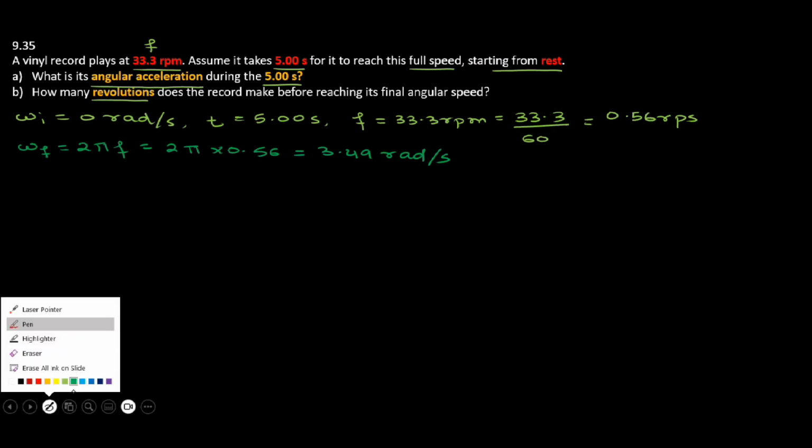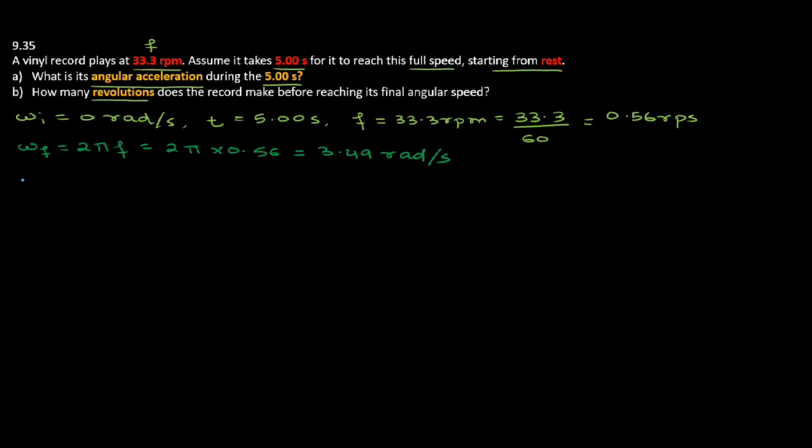In the first part of the question, we need to find the angular acceleration. Angular acceleration alpha is given as change in angular velocity over the time. Change in angular velocity we can write as final angular velocity minus the initial angular velocity, over time t.